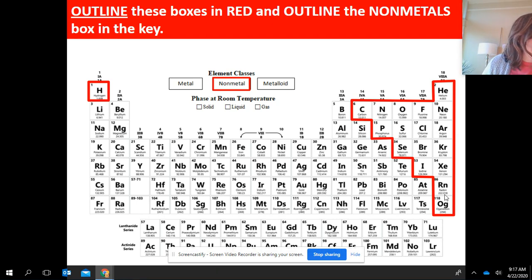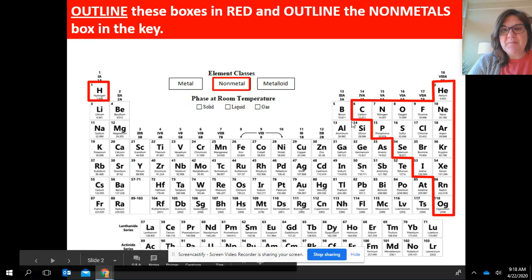Typically, any periodic table that you get or are given is going to have a darkened, there it is. See this little stair step thing right there? See that dark line? Can you see it? So that dark line is going to be represented here.